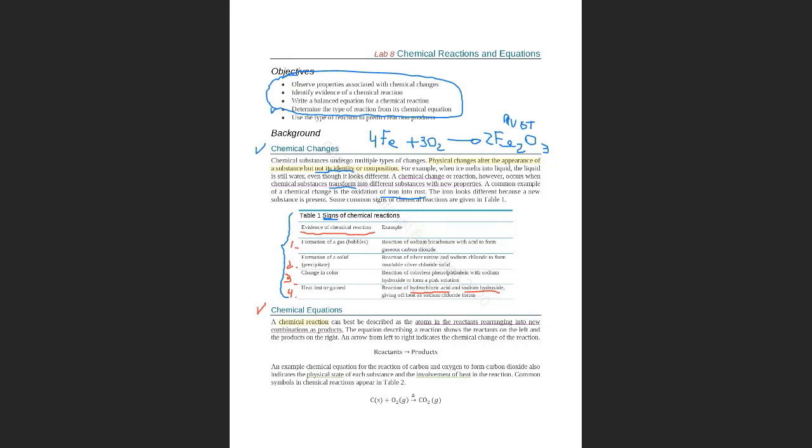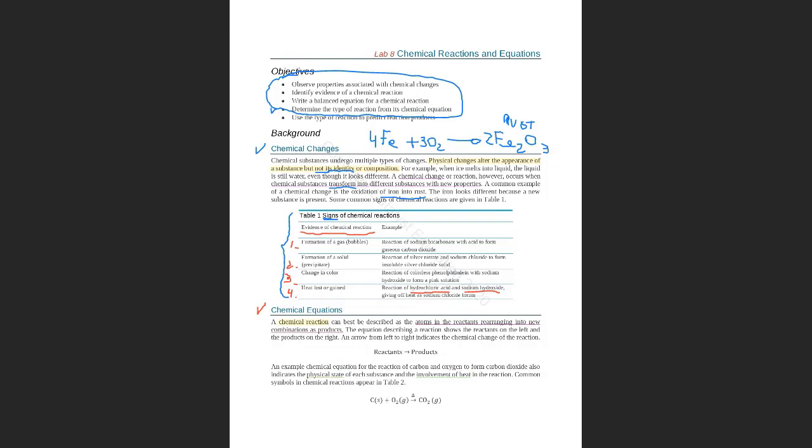As an example, we can say, okay, I mix sodium metal with water, and the sodium reacts with liquid water to produce molecular hydrogen gas and sodium hydroxide. That's one way of describing a chemical change.